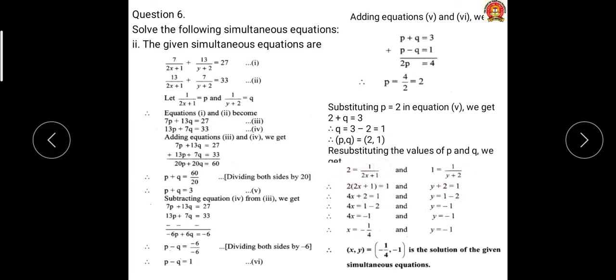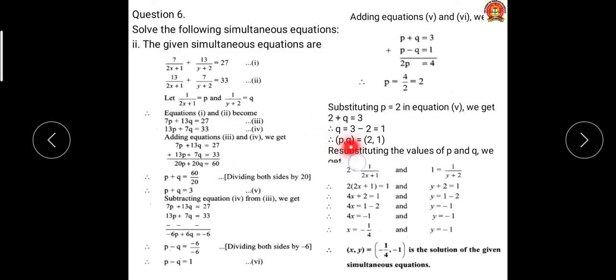After cross multiplication, you will get the simple equations 4x plus 2 is equal to 1 and y is equal to 1 minus 2. So what you will get? x is 1 by 4 and y is equal to minus 1. So (1 by 4, minus 1) is the solution of the given simultaneous equation.